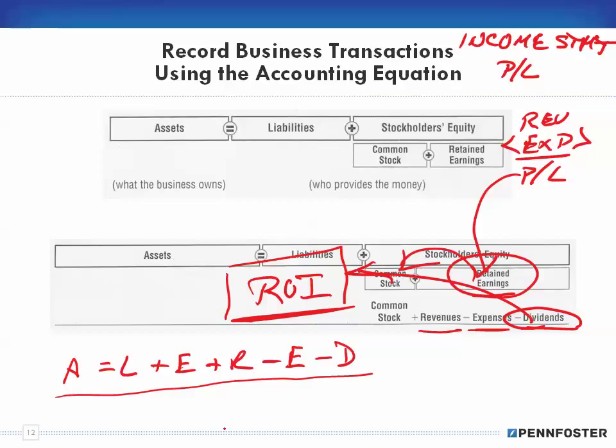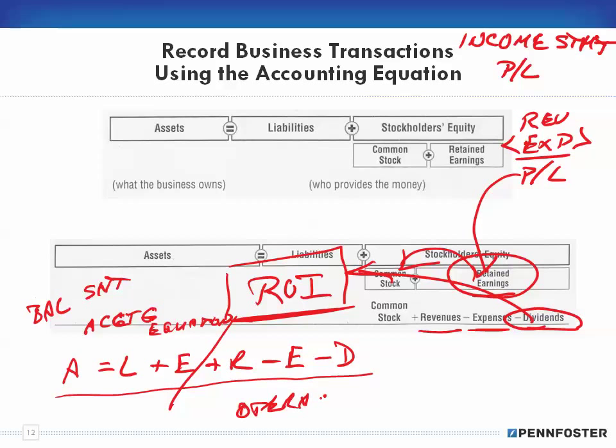Keep that in the back of your mind. But really remember, you're talking about two different things here. You're talking about the accounting equation over here, which is on the balance sheet, and then over here you have the operation of the business, which is on the income statement.